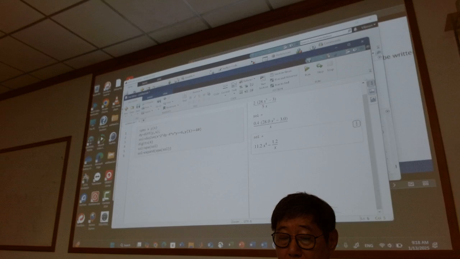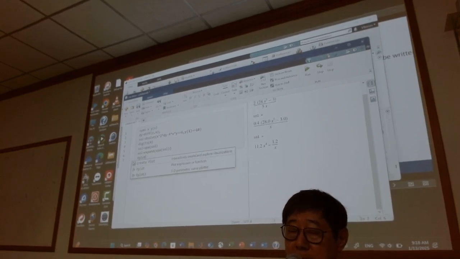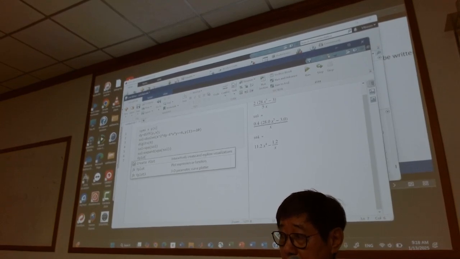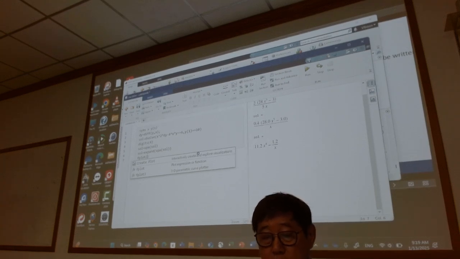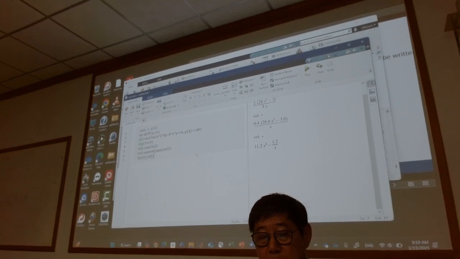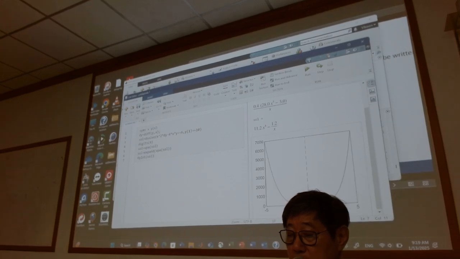If you want to plot this one, you have to use fplot. fplot is for symbolic equations. I showed you plot last time, for numeric. In this case, you have to use fplot solution.